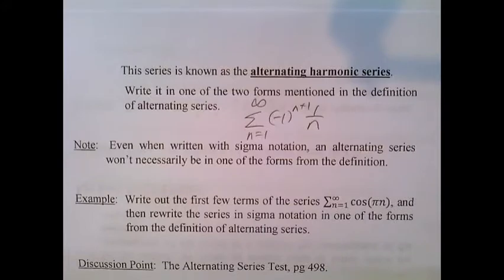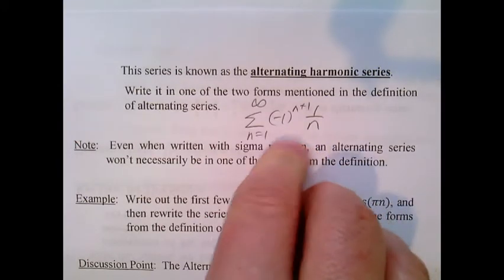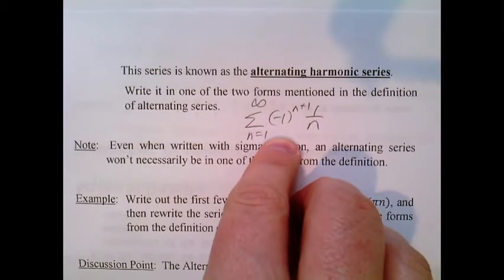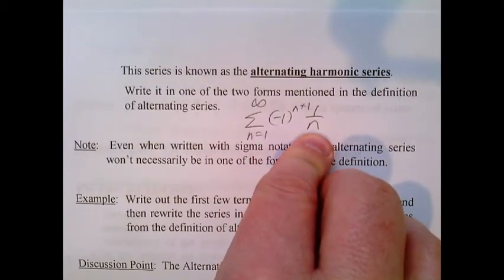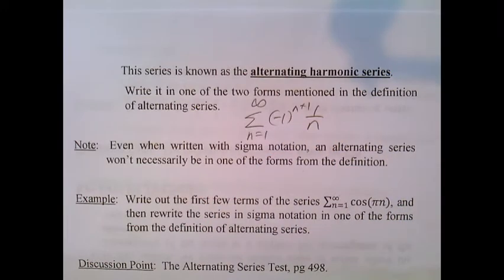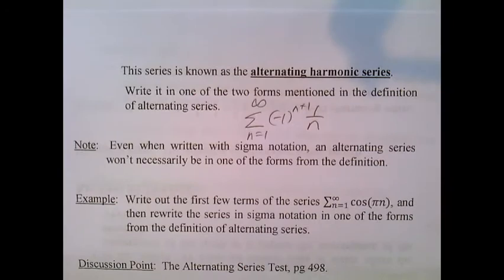In this case, that was just 1 over n. So if it's an alternating series, we can always write it in a form like this, where we've got negative 1 to the n or negative 1 to the n plus 1 times some formula for the rest of the nth term, and that formula is something that's non-negative.